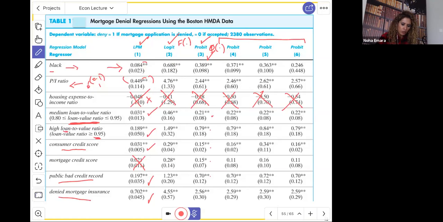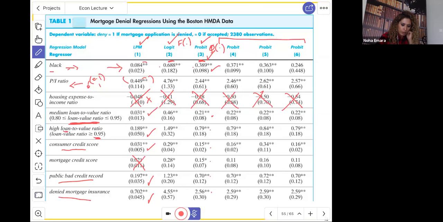So all you can do is just say, okay, this is statistically significant and positive, being black increases. Don't say anything about this 38.9 because it has to be inside the function. Don't say anything about 68.8 because it has to be inside the logistic function. All you can say is black increases because it's positive.